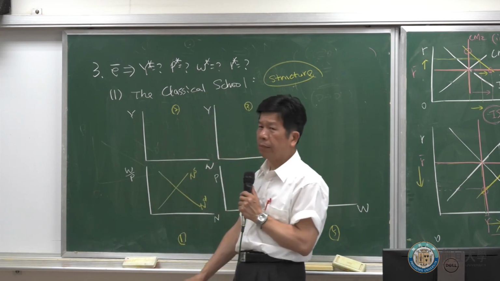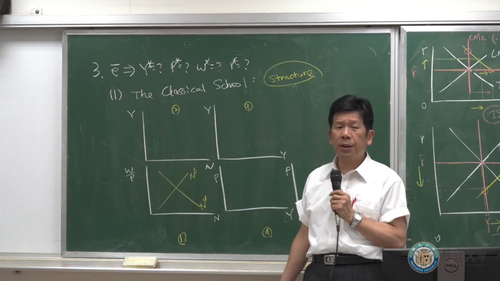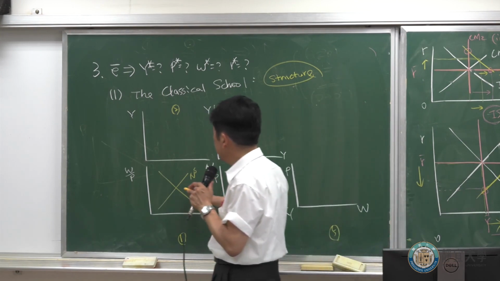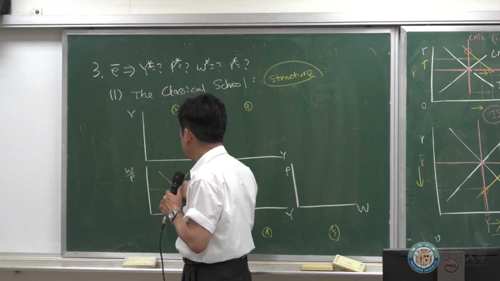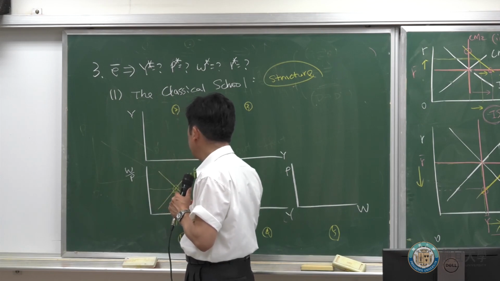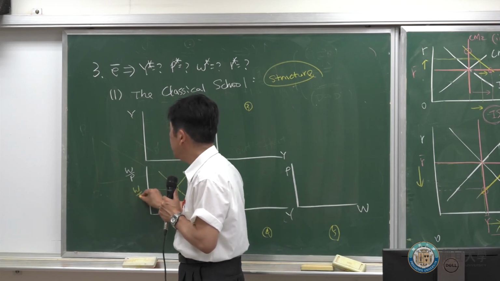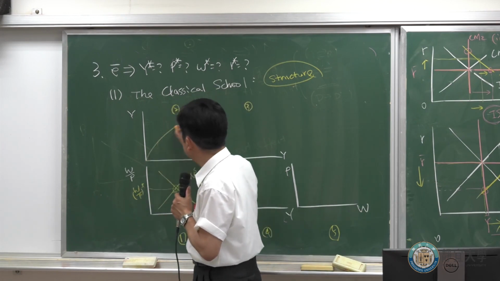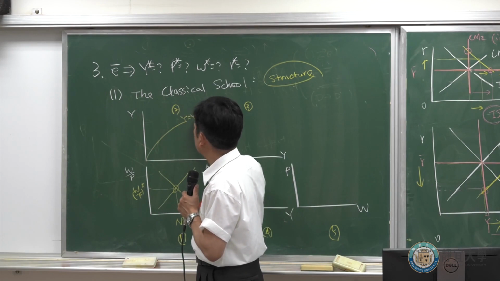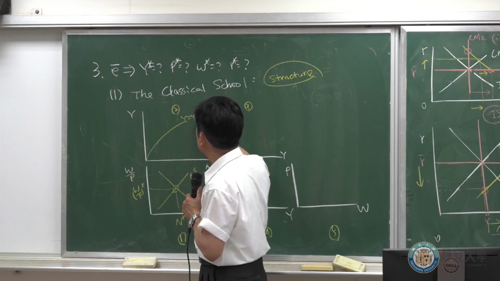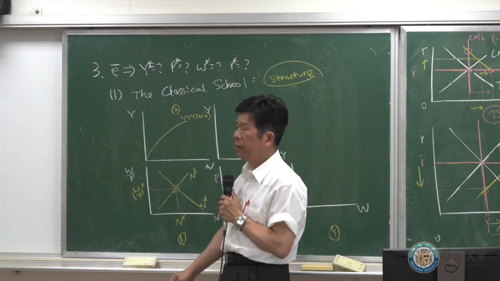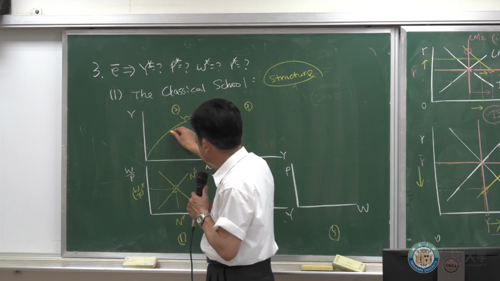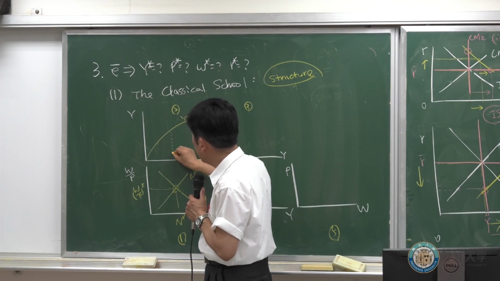When we have the labor supply and the labor demand, we can find the equilibrium labor and equilibrium real wage. And after that, you can connect this. This is Y equal to f(N), or N up, like here. So this represents the production function.